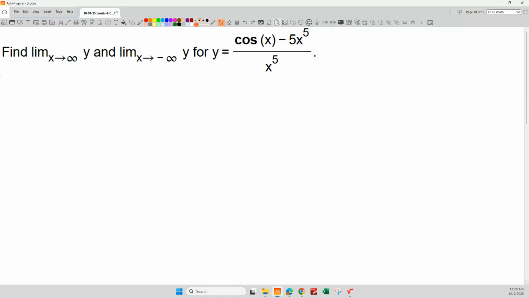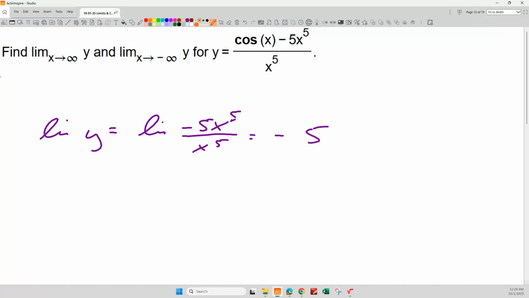And so the limit of y equals the limit of -5x to the 5th over x to the 5th. The cosine x becomes insignificant. And that's equal to -5 as I approach either positive or negative infinity. Right? Okay.